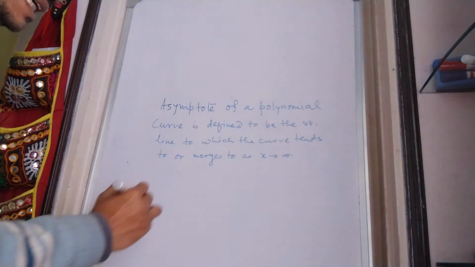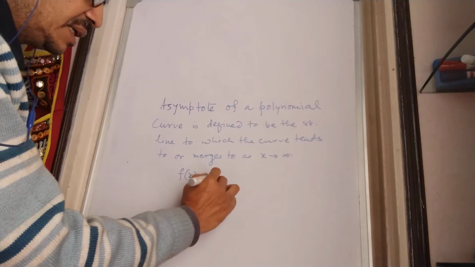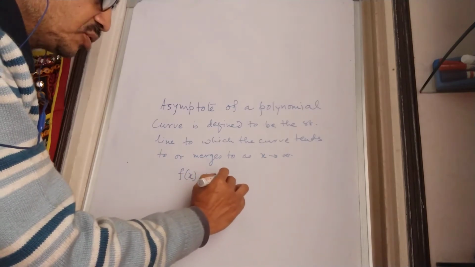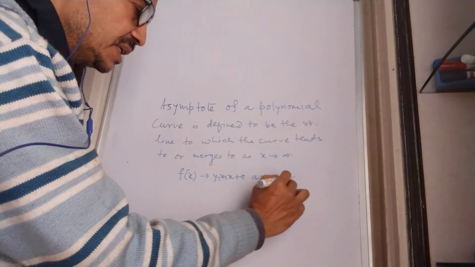In a sense, we may say that f(x) merges to the asymptote y equal to mx plus c as x tends to infinity.